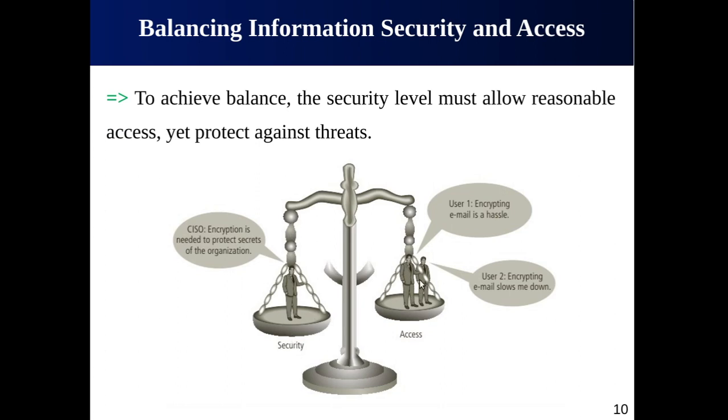On one side you have the security, on the other side you have the access, meaning your customers, and these are the professionals who are actually working to make your system secure. So the more you make your system secure, the less access you are giving to the user. While on the other side, the more access you provide to the user, the less secure your system is going to be. So you need a balance between these two.